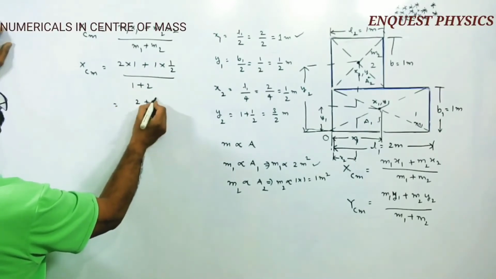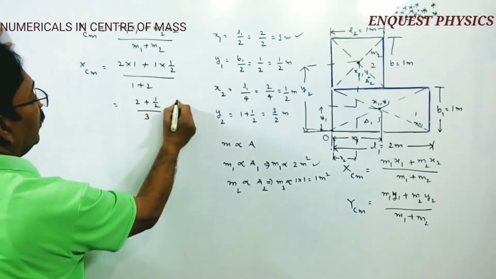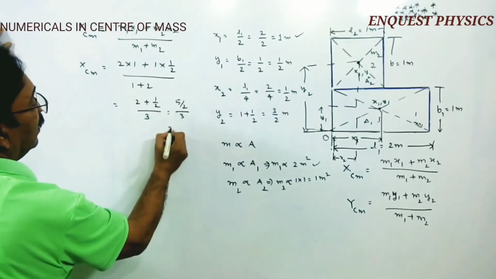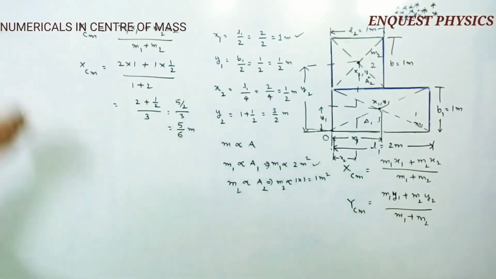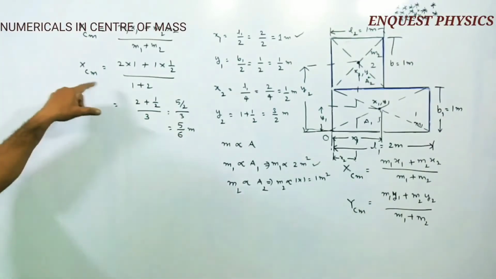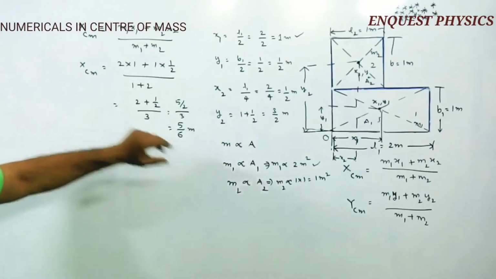It is 2 plus half by 3, which is 5 by 2 by 3, so it is 5 by 6 meter. In this way you can calculate the coordinate of center of mass xcm as 5 by 6 meter.